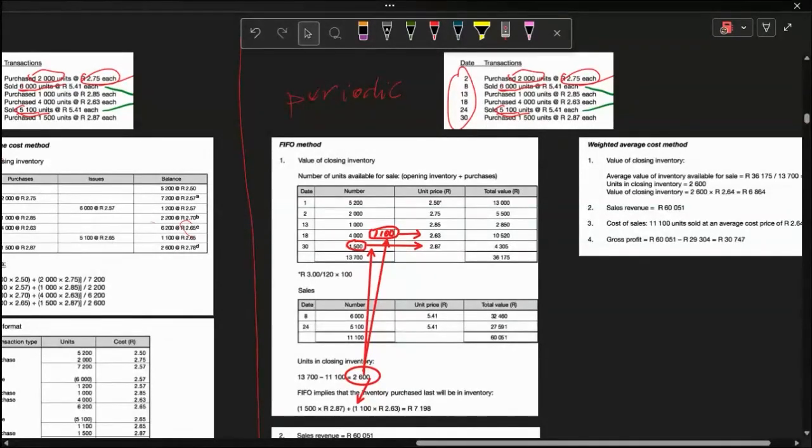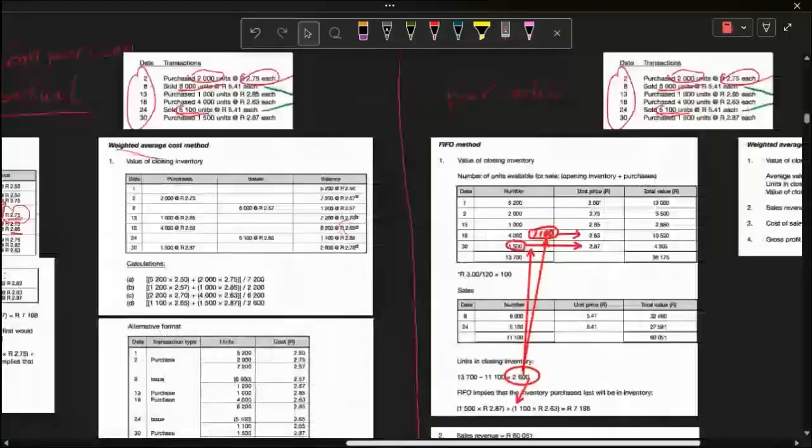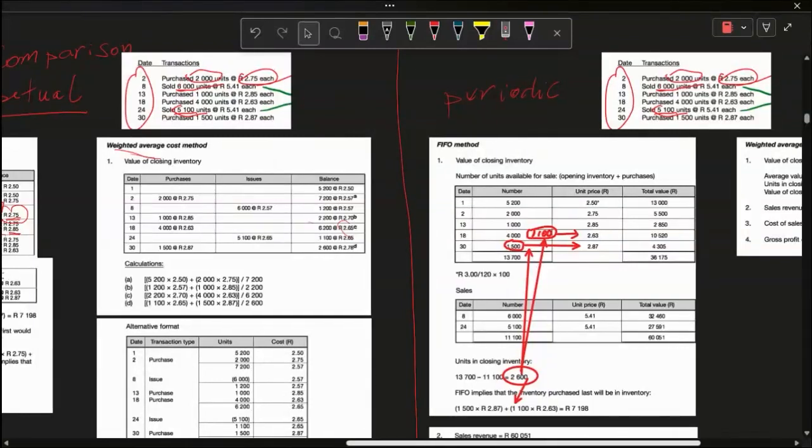That's the difference between periodic and perpetual. Perpetual, what comes in, what goes out needs to be known. That's why you can look at the dates. On this date, something came in. On this date, something came out. Purchases issue, because we need to know that at any time. That's not the same here. Here you will deal with the purchases by themselves and you will deal with the sales separately. Does that make sense?